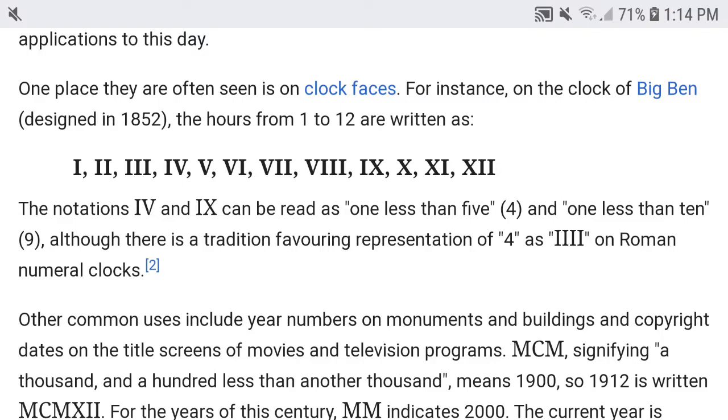I always thought that IV means 5 minus 1, which is 4, and then IX is 10 minus 1, which is 9, right? But I guess it's basically the same, right? 1 less than 5, 1 less than 10. So it can be difficult as well, right?